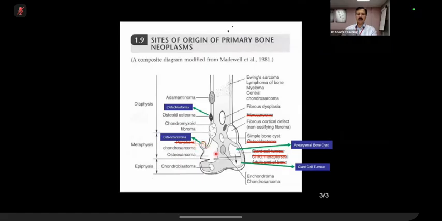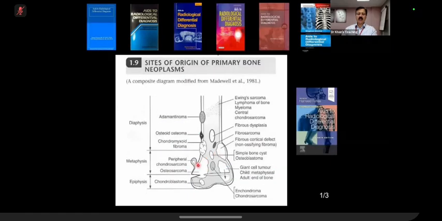So I'll come back to that. But basically, I recap. In the center of the metaphysis is a cartilaginous tumor enchondroma, which can convert to chondrosarcoma. In the periphery, arising from the cortex, is another cartilaginous tumor, which is osteochondroma, and it can also convert to chondrosarcoma. Please remember, both of these are extremely important exam cases, and the concepts they will ask you.